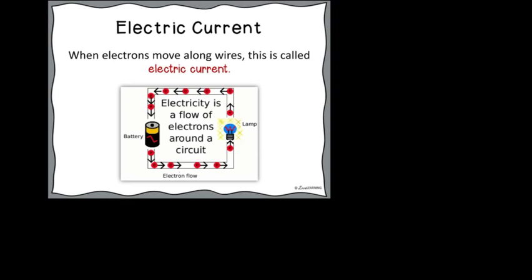So when we are able to make electrons move along wires, we call it electric current. So the kind of electricity that we normally deal with on a day-to-day basis is the electricity of electrons flowing around a circuit.